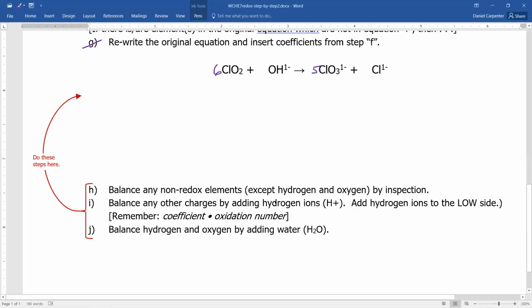All right, so there's nothing extra other than oxygen and hydrogen, so we don't have to do this one.